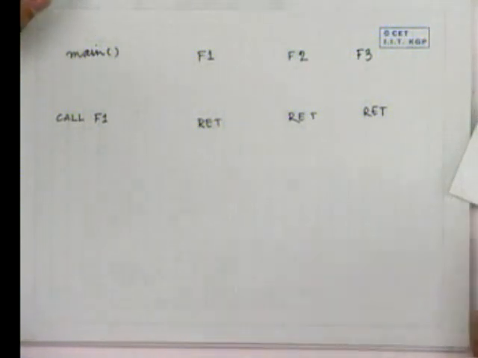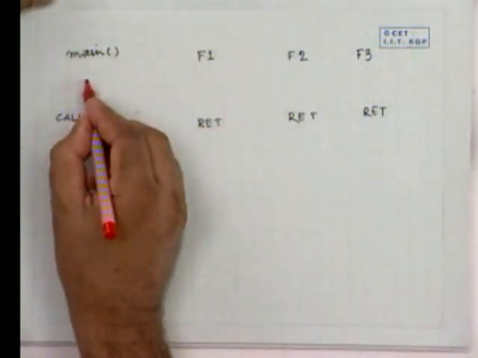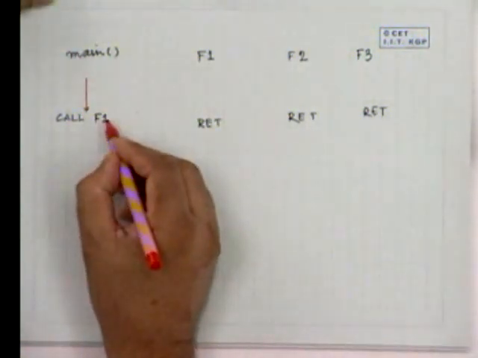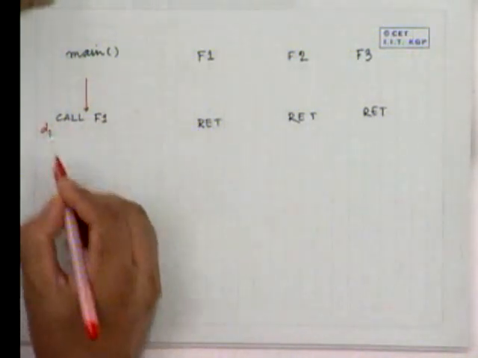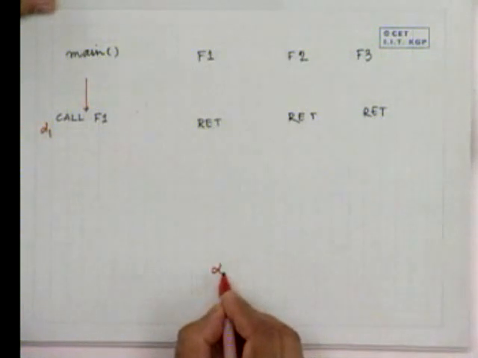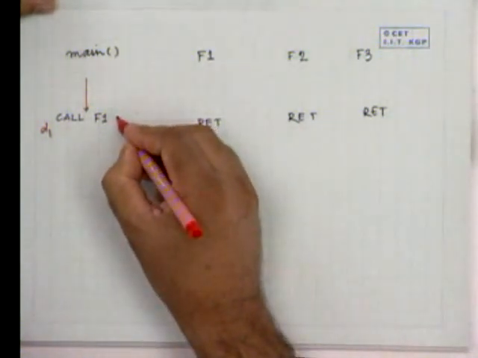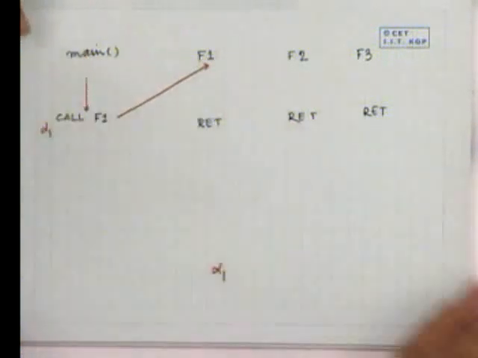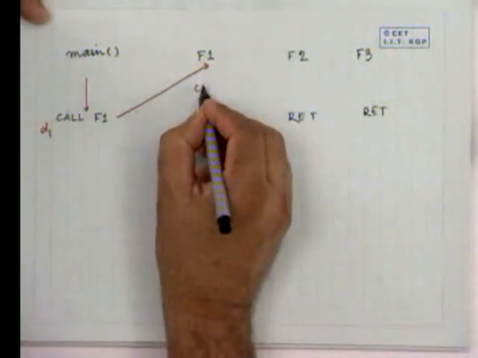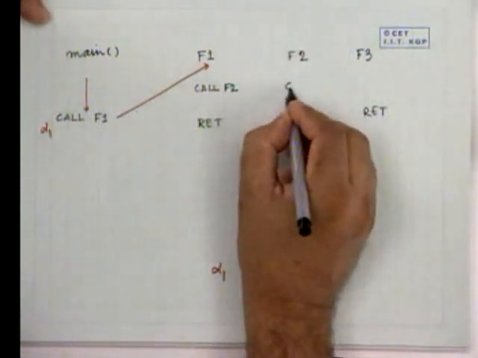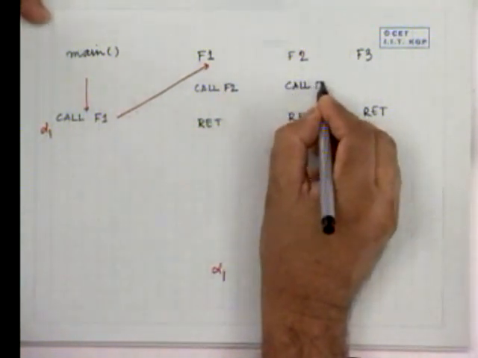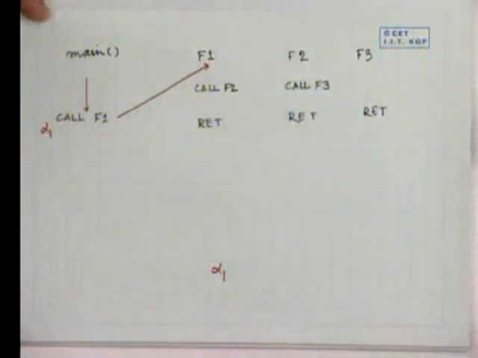What happens is this: the control is coming like this, at F1 the return address is stacked, so the return address say is alpha 1, therefore alpha 1 is stacked. It goes over to here. Here we have an instruction, say call F2. Here we have an instruction call, say F3, and there's no call over here.